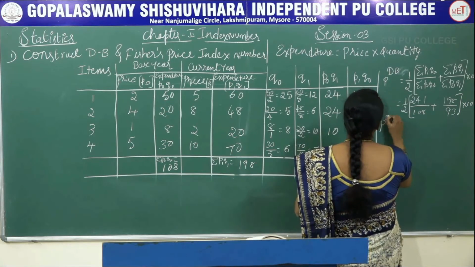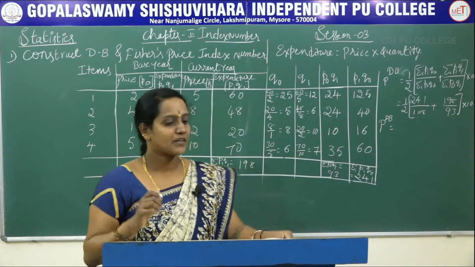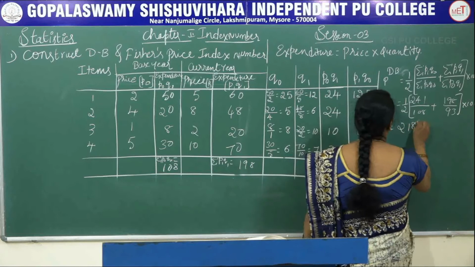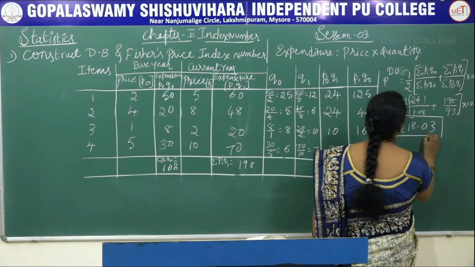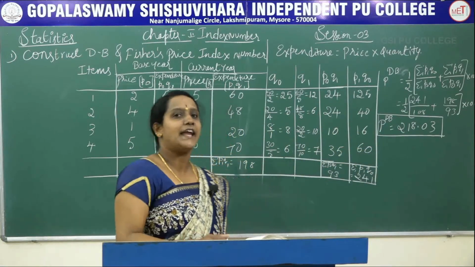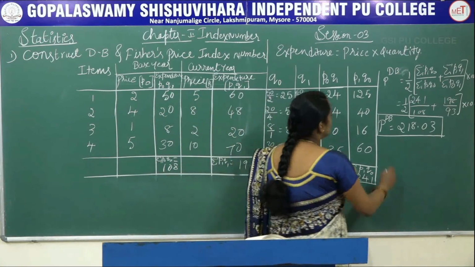So price index of Bowley is 218.03. After simplifying this, you will get price index of Bowley is 218.3.